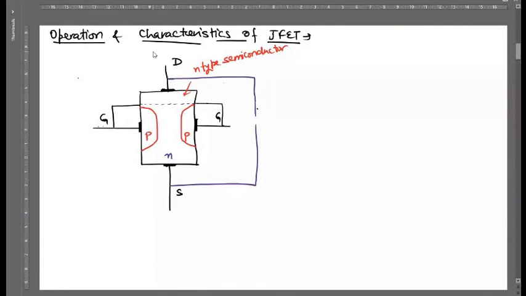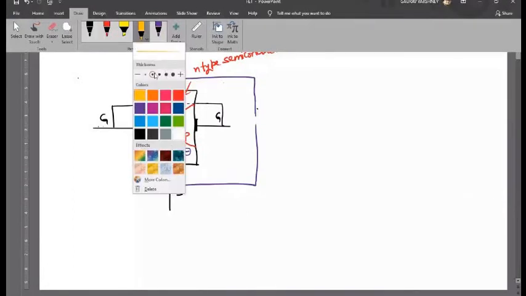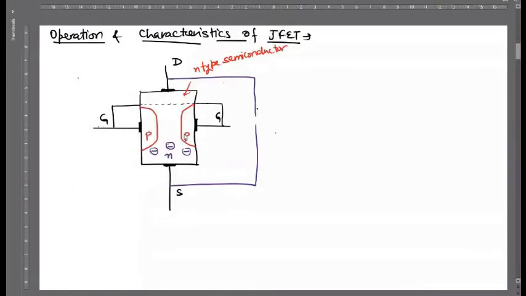If this is an n-type semiconductor, then definitely the source will provide electrons. And what is the purpose of this drain?